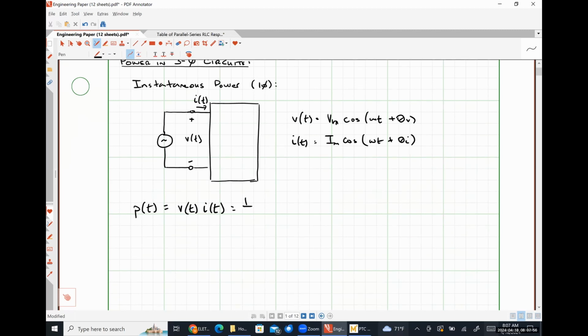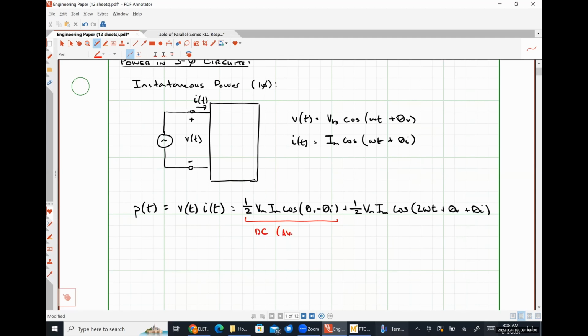And this is going to come out to 1/2 Vm Im cosine(theta v minus theta I) plus 1/2 Vm Im cosine(twice omega t plus theta v plus theta I), where we have some DC component right here.